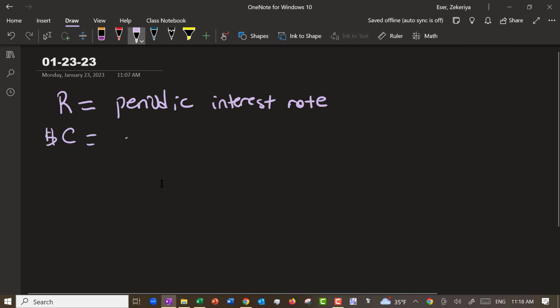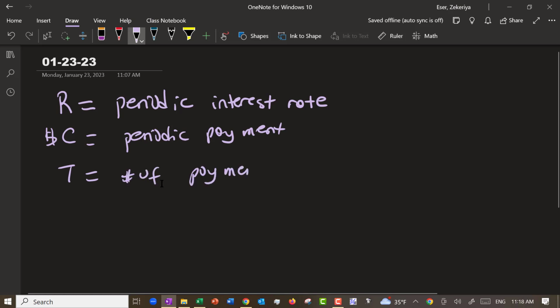C is periodic payment. T is number of payments.